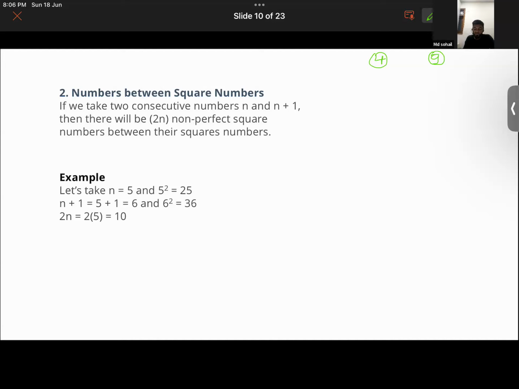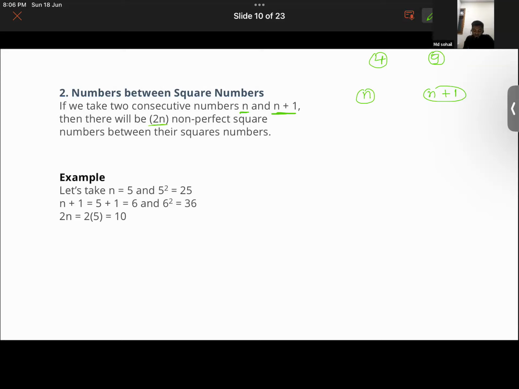So let's take two consecutive numbers, n and n plus 1 here. There will be exactly 2n non-perfect square numbers between their square numbers. What does it say?